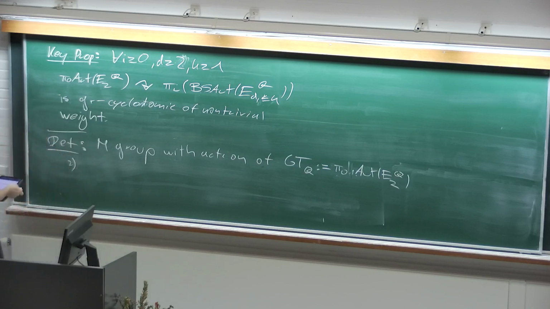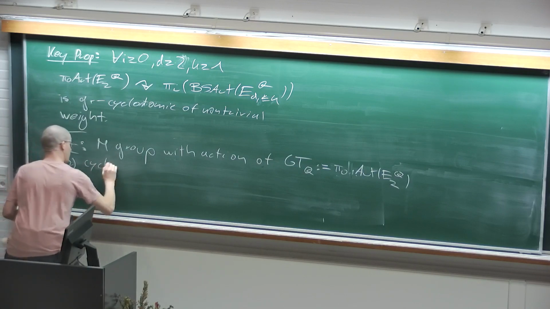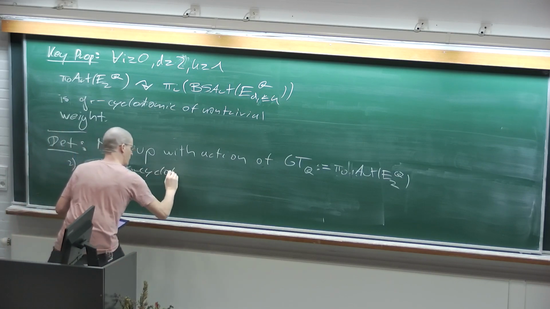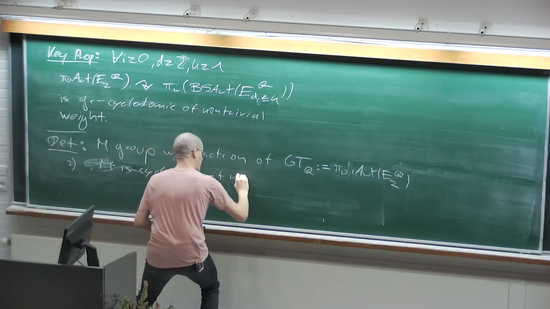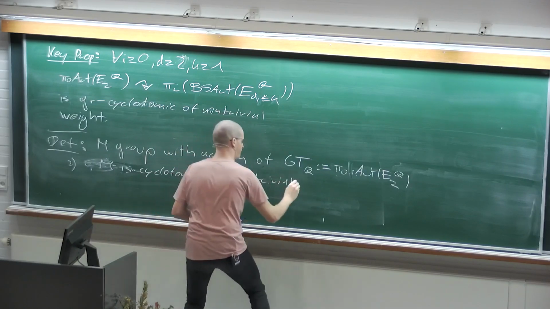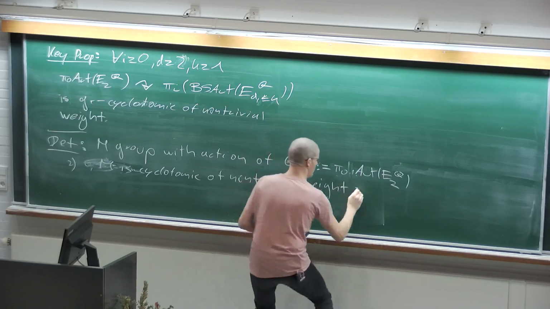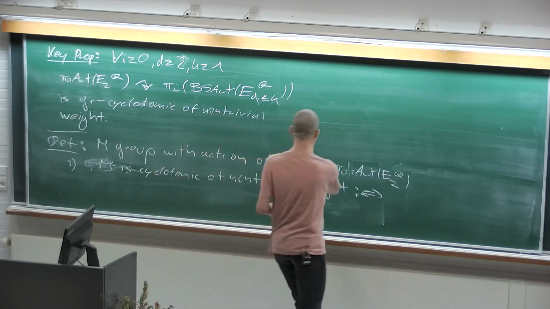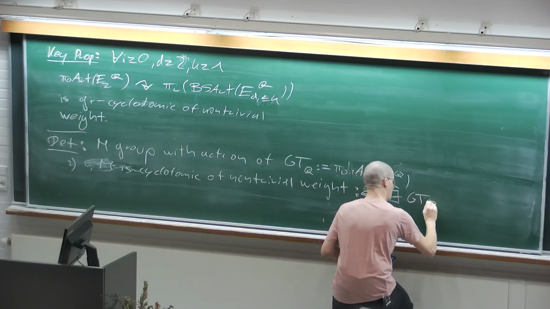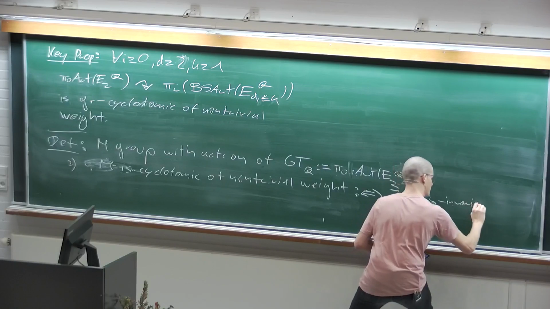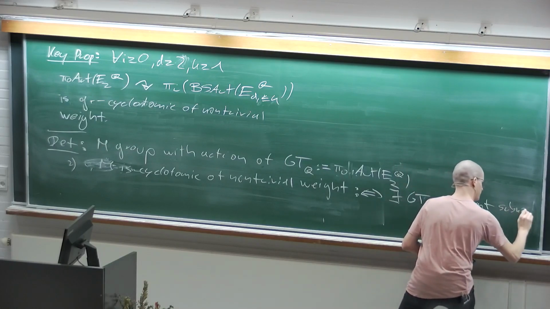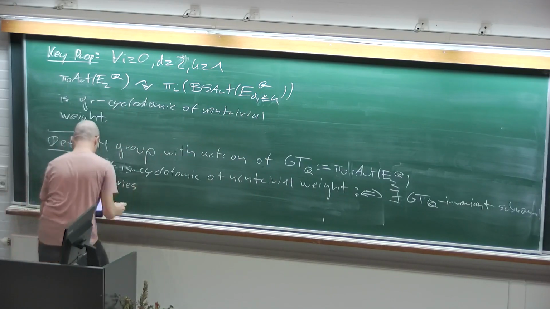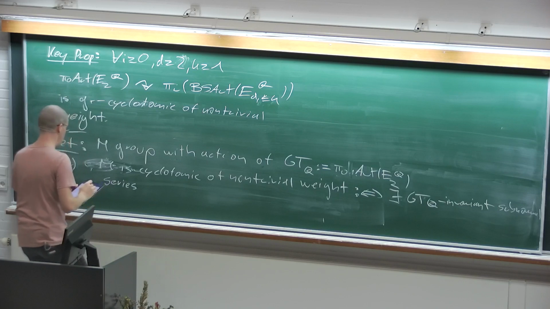Okay, so what does it mean to be cyclotomic of non-trivial weight? So M is cyclotomic of non-trivial weight if there exists a subnormal series, which is equivariant with respect to the action of GTQ, a GTQ invariant subnormal series of this group, how do I want to index it?